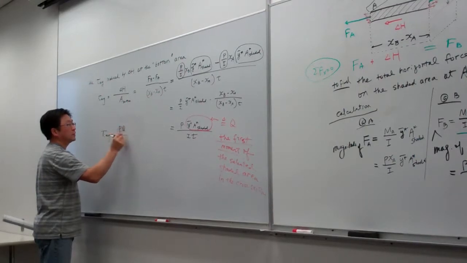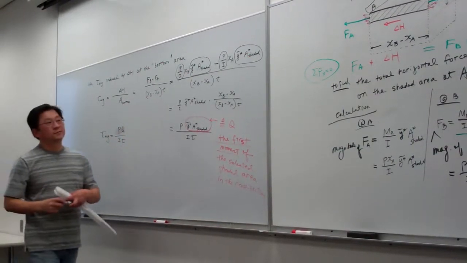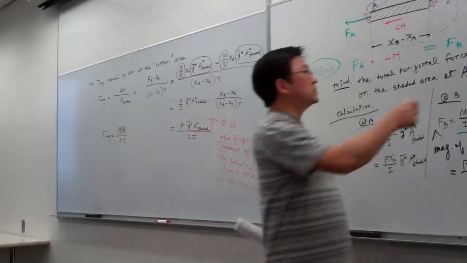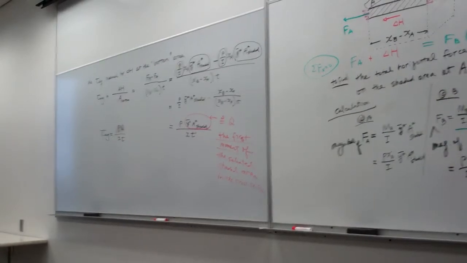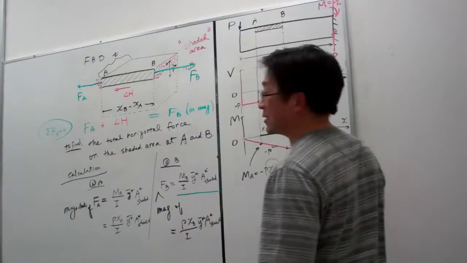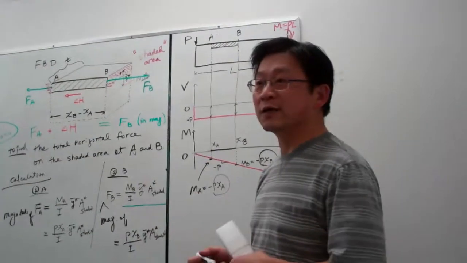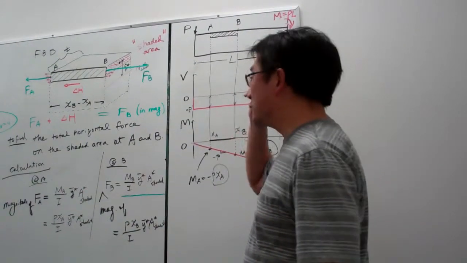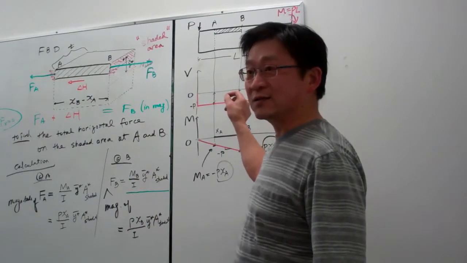PQ over IT. And what is P? P is our magnitude, and the magnitude is here. For this case, P is constant. For other scenarios from your learning, when we draw the shear diagram, P doesn't have to be constant, but for this simple case I pick it as a constant.